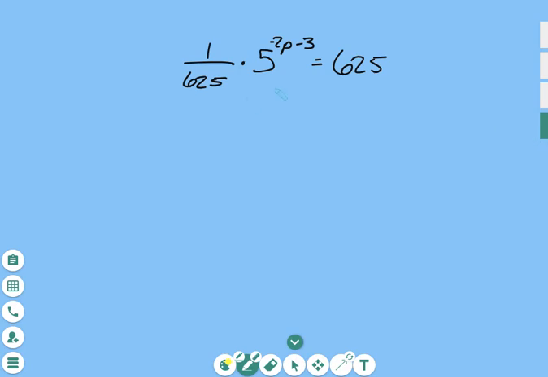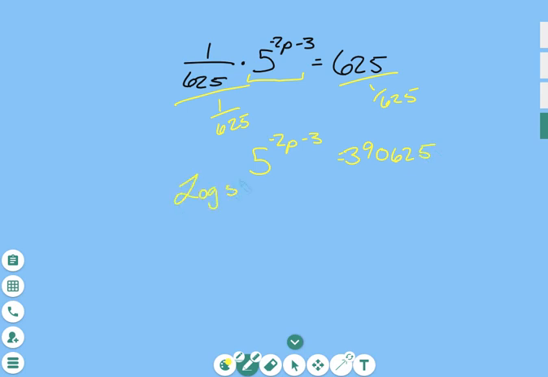One more try of a little bit more challenging version of one that you could do either way. Now, like we said, you need to get your exponent piece by itself first, which means I need to divide by this 1 over 625 on both sides. Once I do that, I have 5 to the negative 2p minus 3 equals 625 divided by 1 over 625 gives me 390,625.